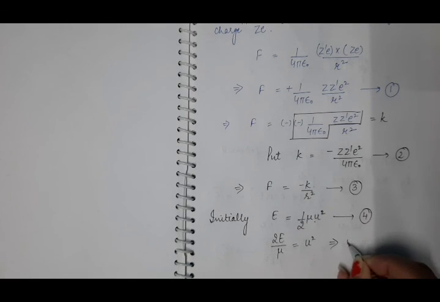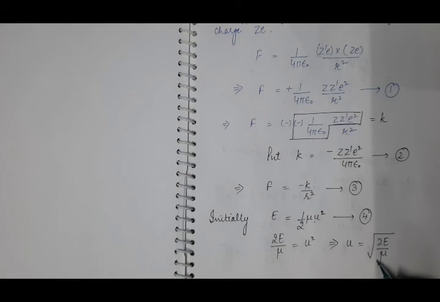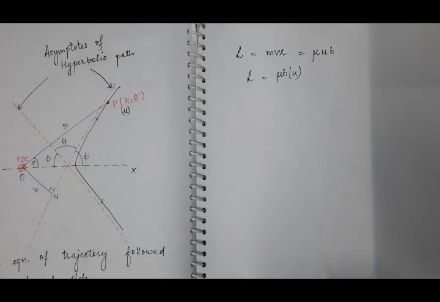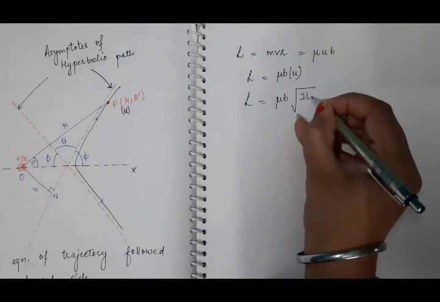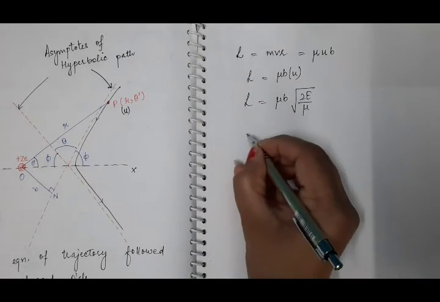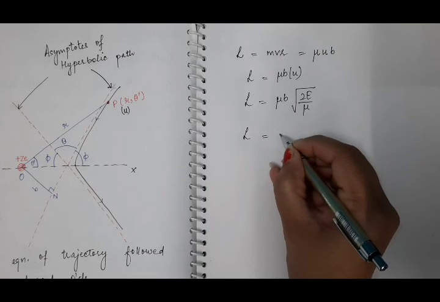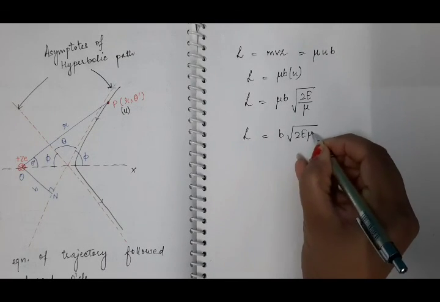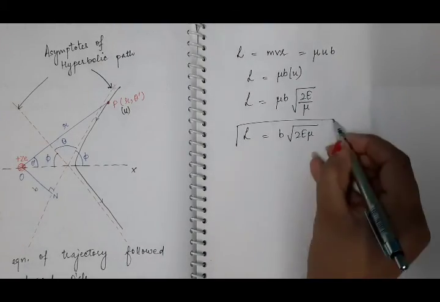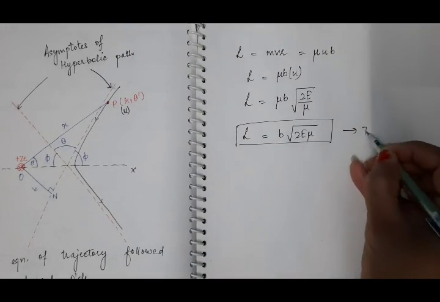It implies u is equal to root 2E by mu. Now put this value in that equation. So we have L equal to mu b root 2E by mu. So L will be equal to b root 2E mu. And suppose this is equation number 7.